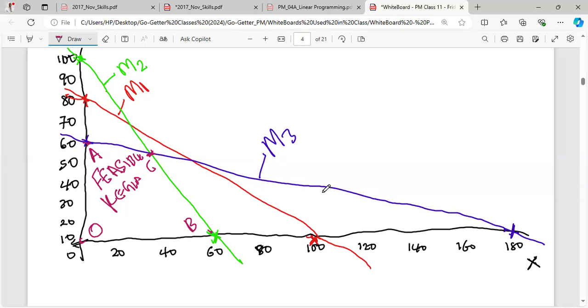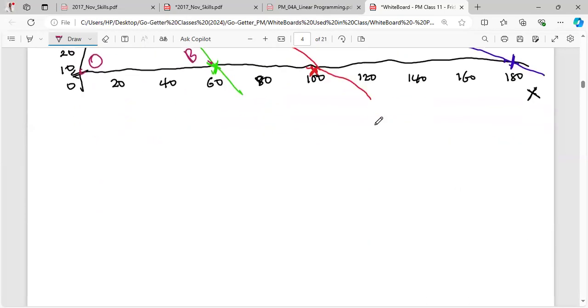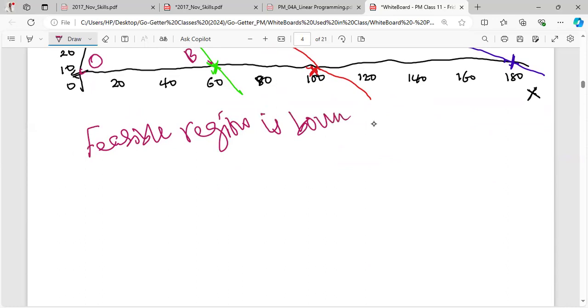That's not all. So you can now come down and say the feasible region is bound by the area 0ABC.